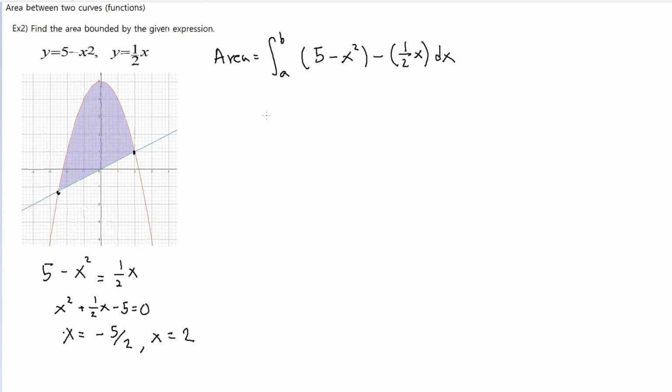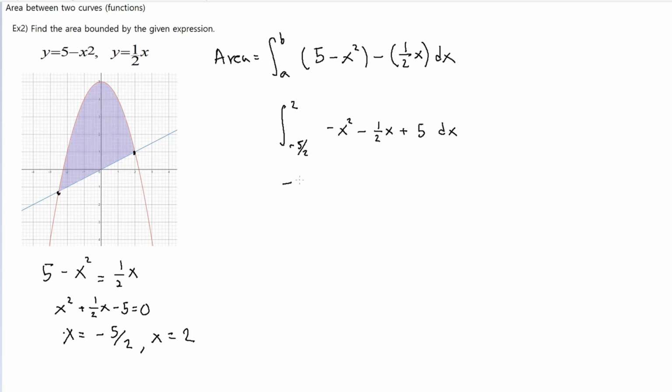Which means our integral is from negative 5 over 2 to positive 2 of negative x squared minus 1/2 of x plus 5.